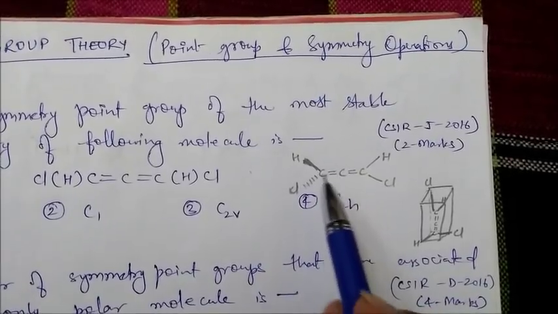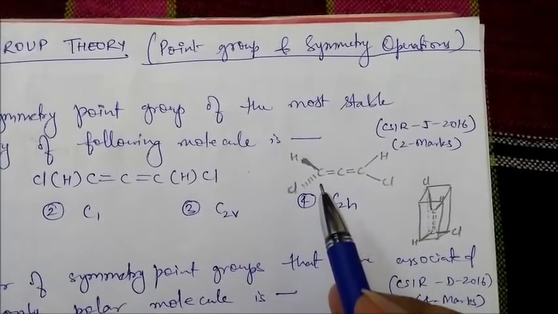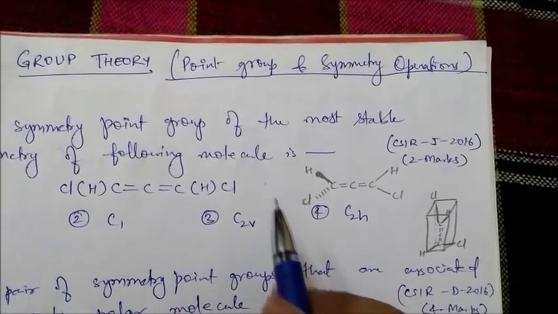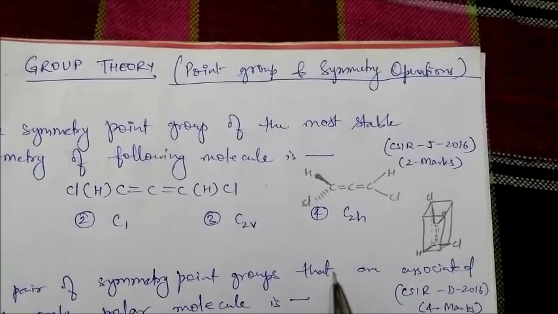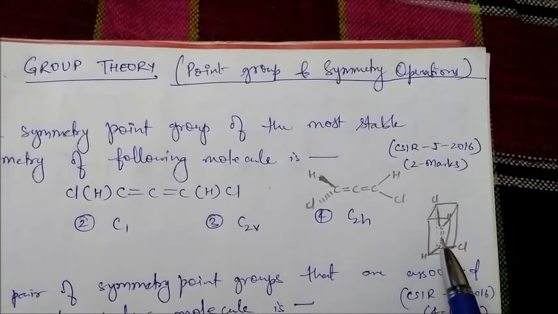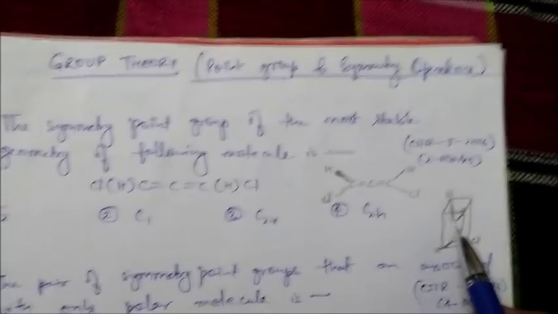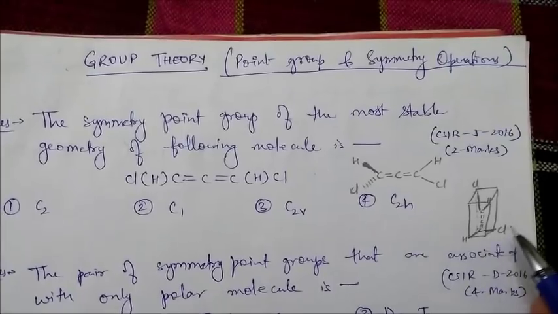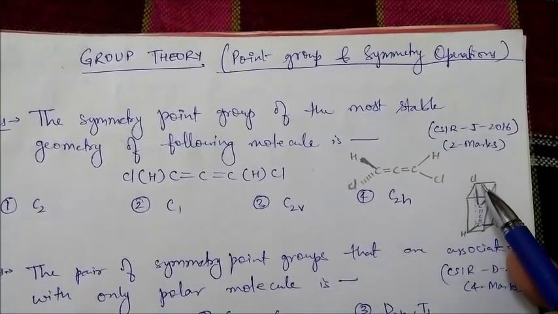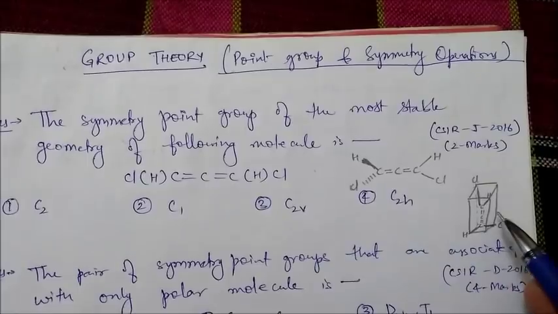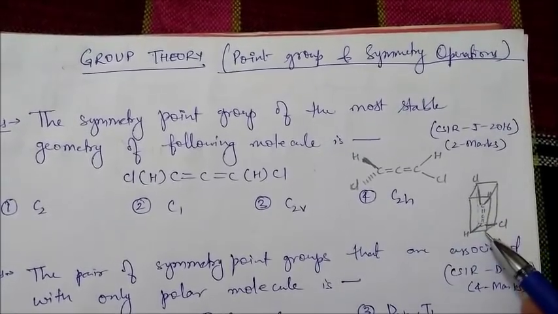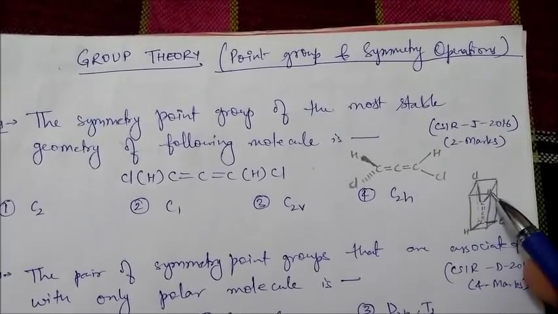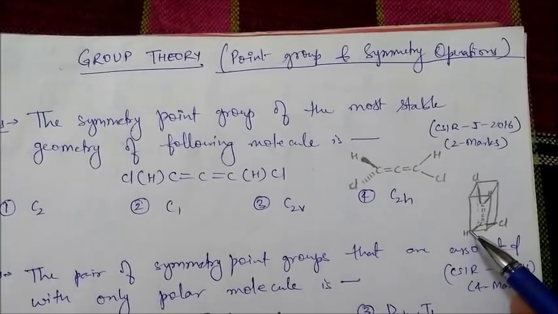They have said that for the most stable geometry of the molecule, the geometry should be the most stable one. So if I rotate this molecule from this carbon by 180 degrees, see, we have this face in which one hydrogen is on one vertex, and the other hydrogen is on the other vertex.